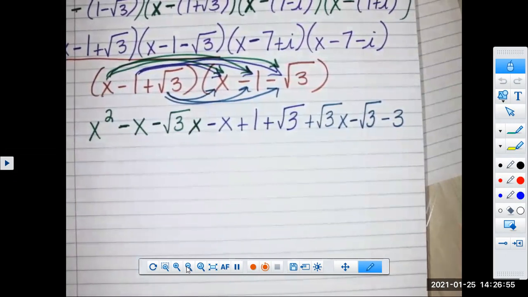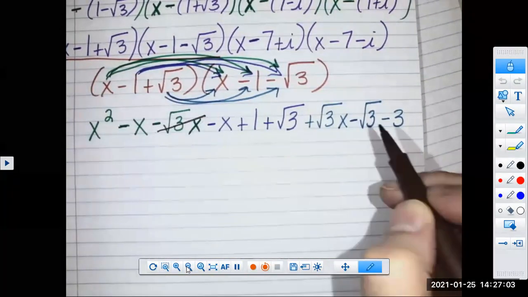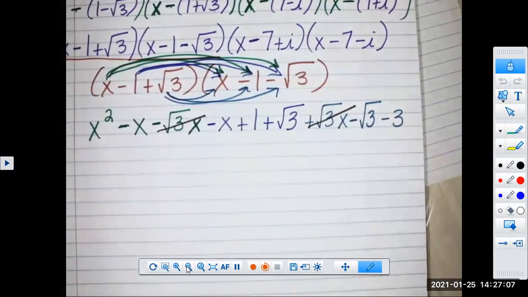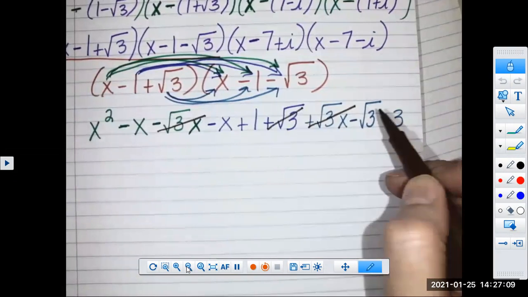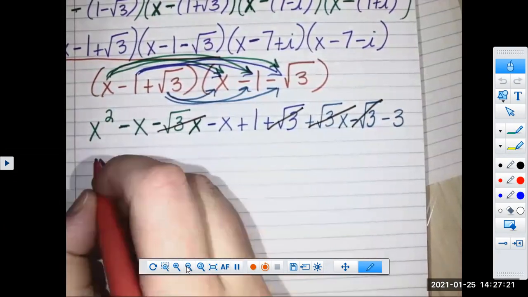Okay, some things should cancel out in this. Notice that your -√3x will cancel with that +√3x. √3 cancels with -√3. And that's really what you want. If all of your radical stuff doesn't cancel, then you've done something wrong. Now let's combine like terms.